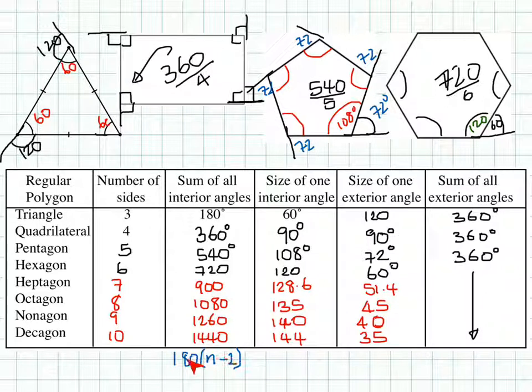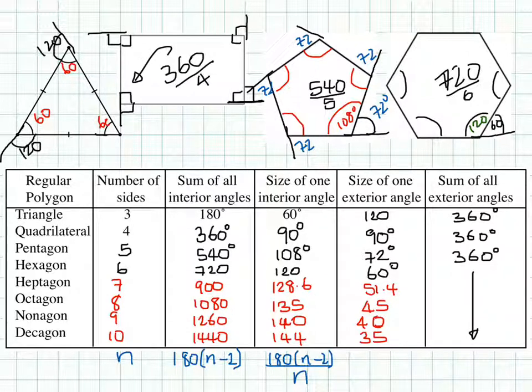So if I've got an n-sided shape, then that formula of 180 times n minus 2, divided by n, is going to give us our answer for one of the interior angles.